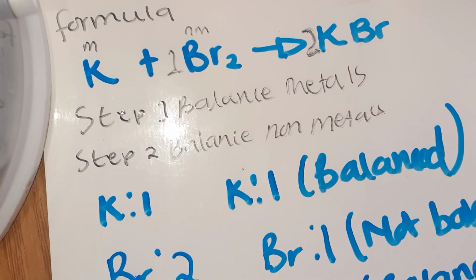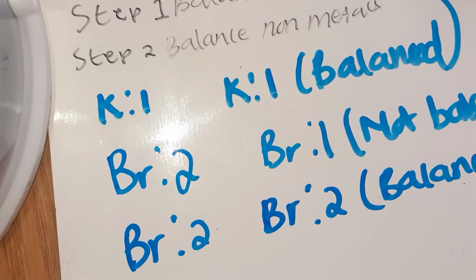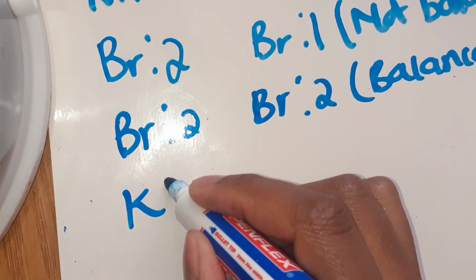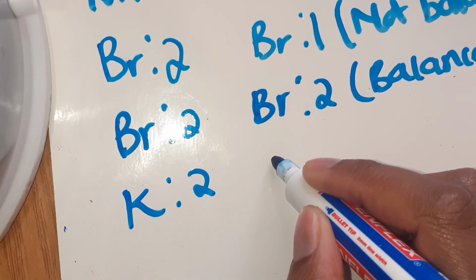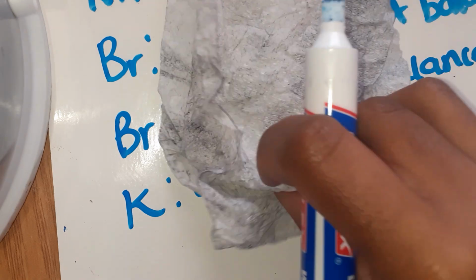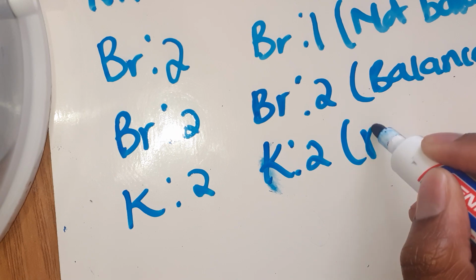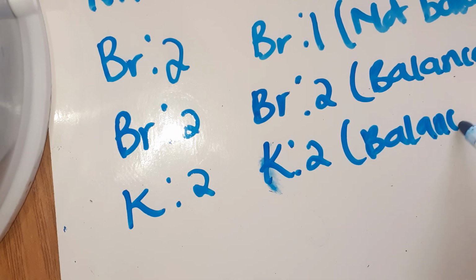Now when you look here, K is 2 this side and K is 1. So we have to go back. We have to write 2 again this side so that we can balance K. So now K has 2 on the left, and K has 2 again on the right, and that is balanced.